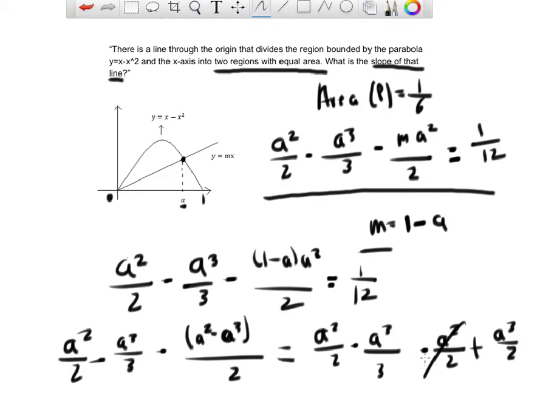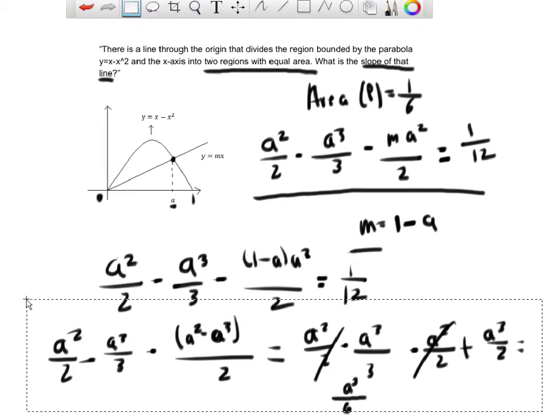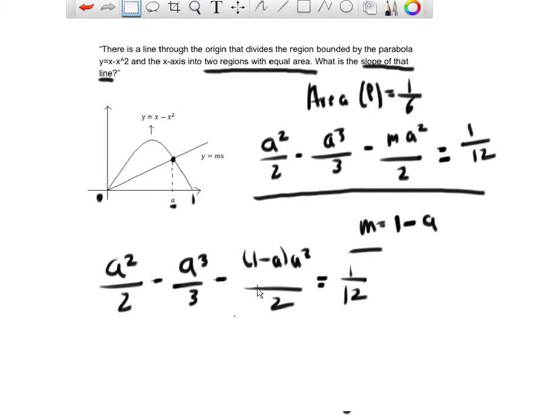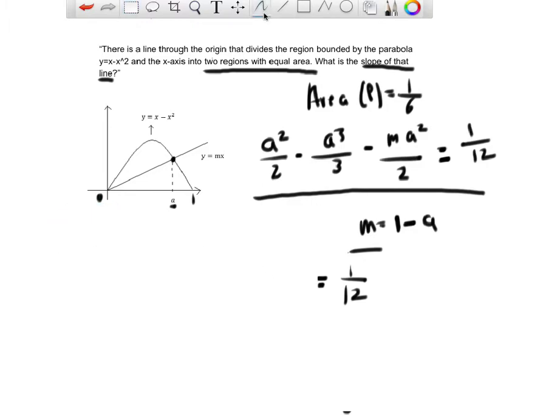So that's convenient. These two cancel out, and what we get is a cubed over 2 minus a cubed over 3, which is a cubed over 6. So that's interesting. We get the equation that this expression is a cubed over 6, which equals 1/12.